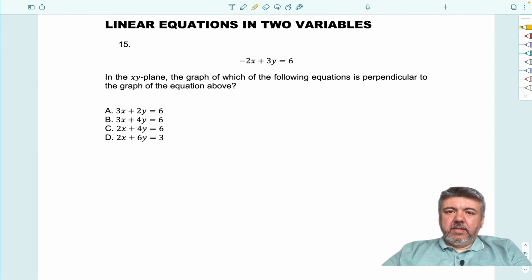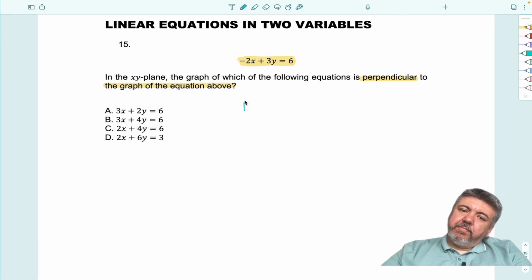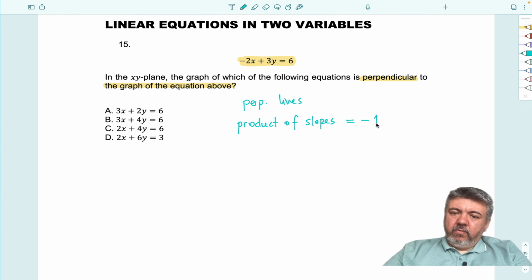Question 15 gives me a linear equation in 2 variables. In the xy plane, the graph of which of the following equations is perpendicular to the graph of the equation above? So, perpendicular lines means the product of slopes is -1.